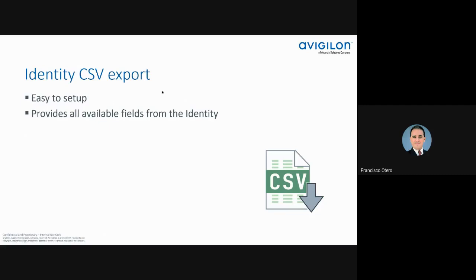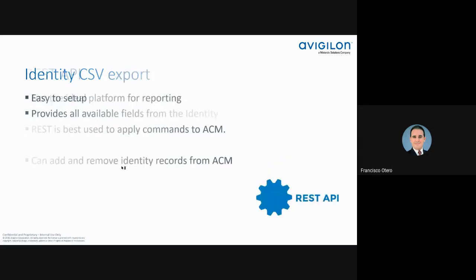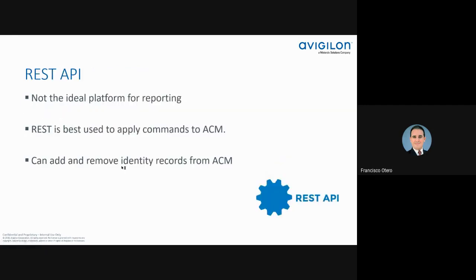Okay, go ahead and back to the presentation. So again, that's identity CSV export. The next item I want to cover with you is REST API. This one for reports is a little bit tricky because REST API is not a very robust system, performance-wise.